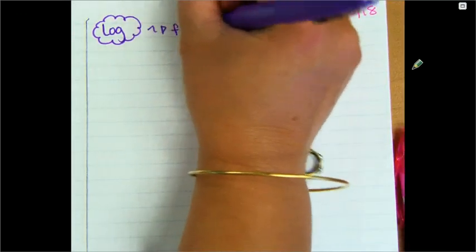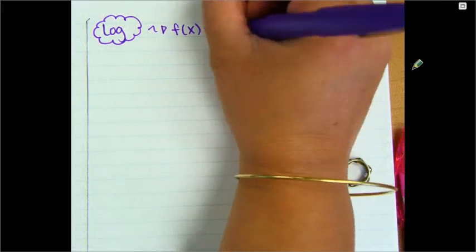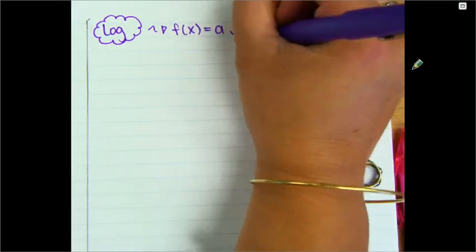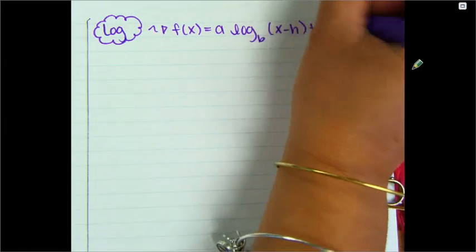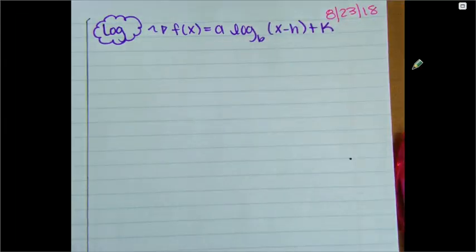f of x equals a log base b of x minus h plus k. They actually write the l like that. It's just what they do. Okay, so just know that.